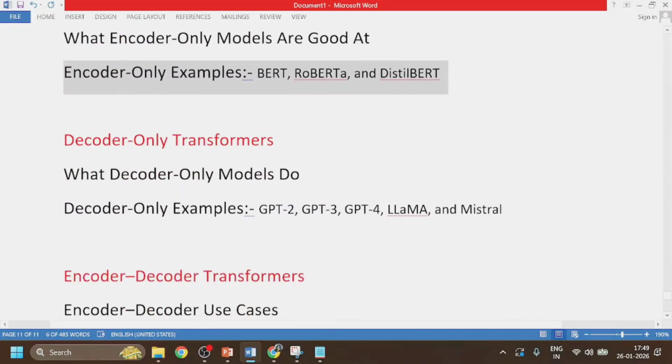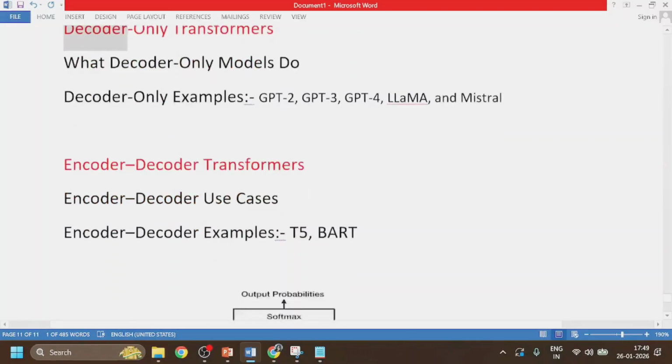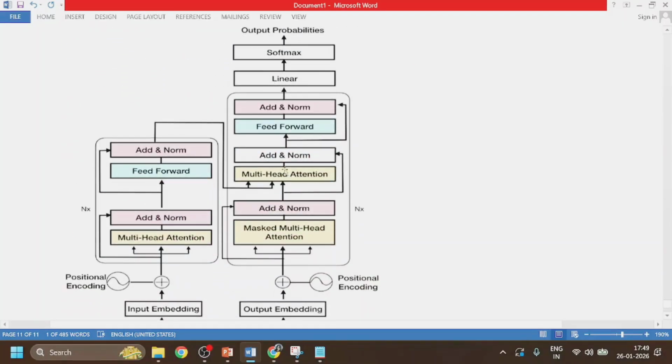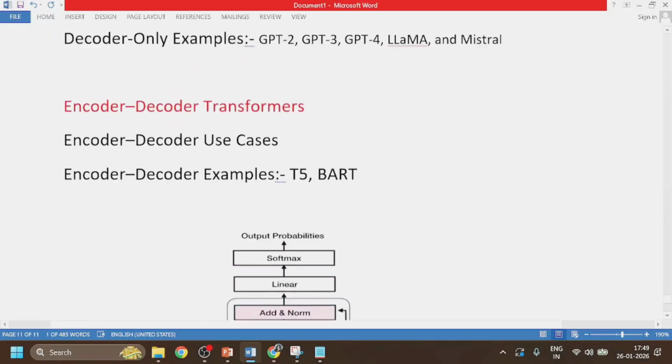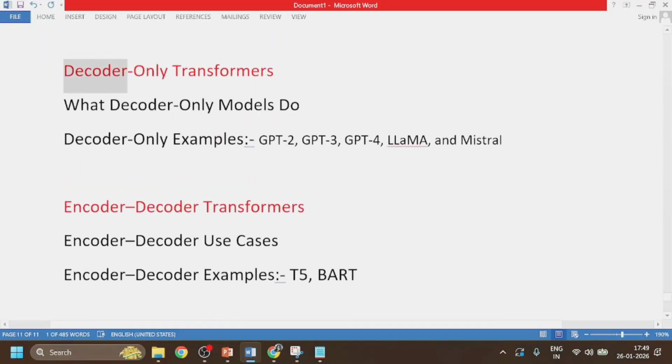Okay, so after this we are going to move here, decoder only transformer. This is the second part, decoder only transformer. These models use only the decoder with masked self attention.